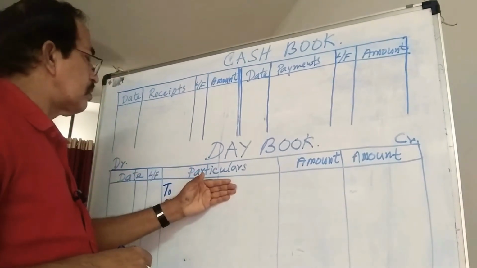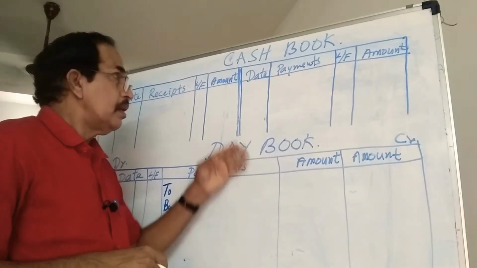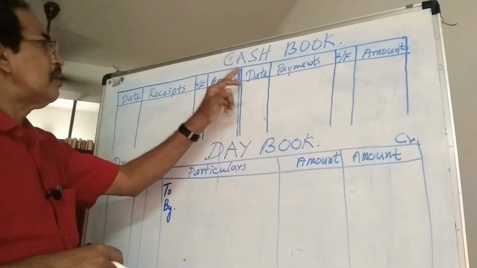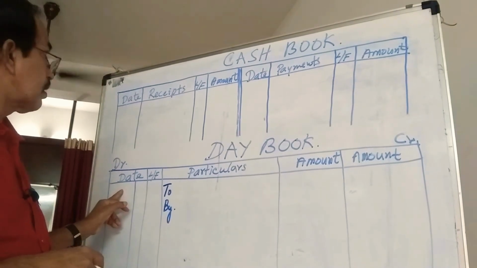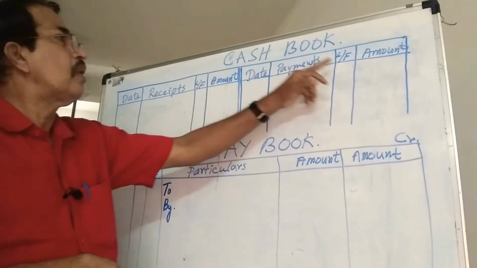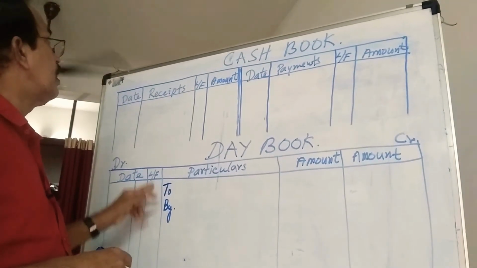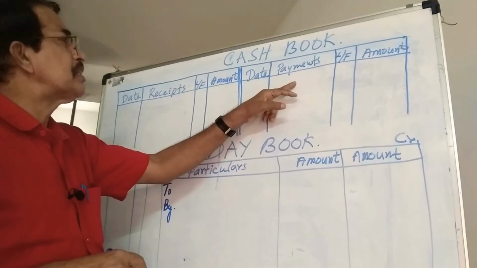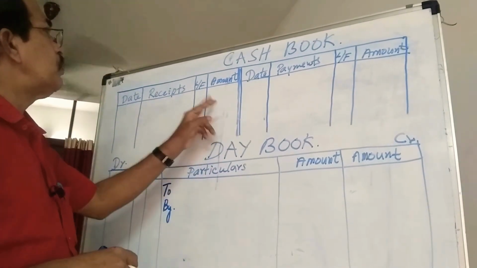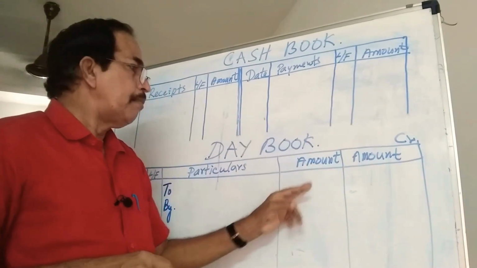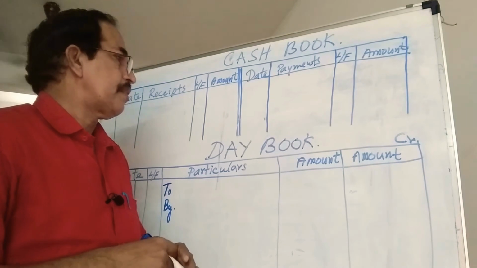Please look down. Here I have drawn the format of a table. Instead of 2 date columns, I have drawn only 1 date column. Instead of 2 ledger folio columns, I have drawn 1 ledger folio column. In place of receipts and payments columns, I have 1 particulars column. The 2 amount columns are put together on either side close by.